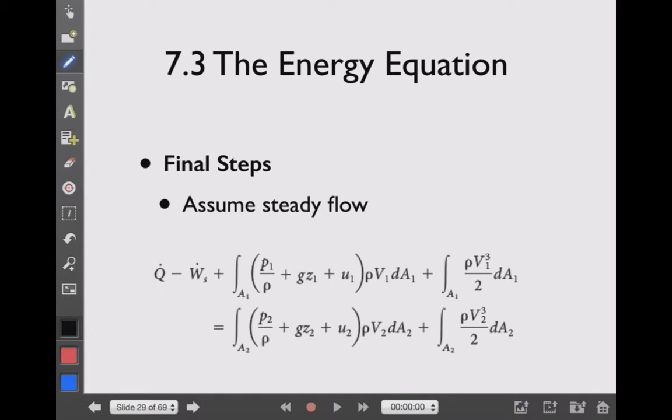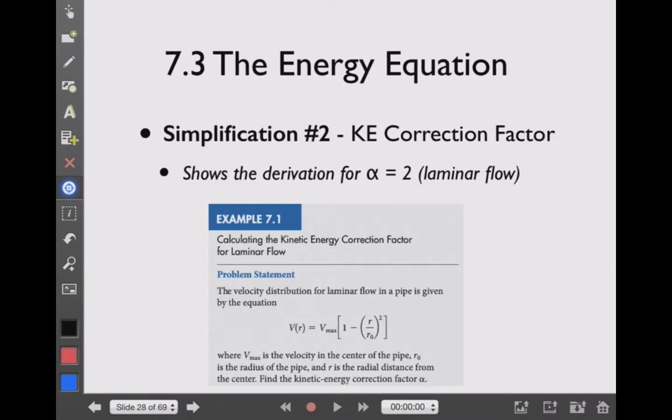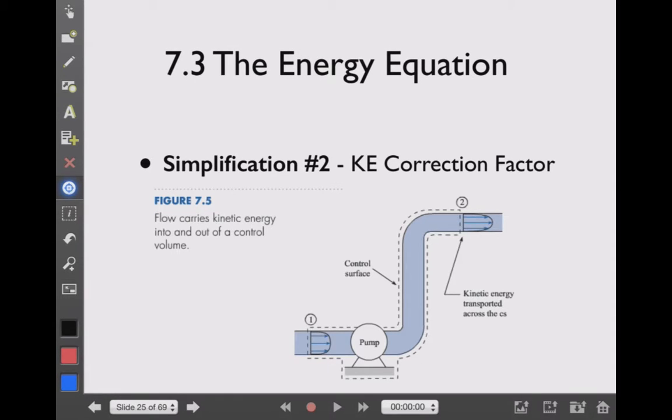So when we make these simplifications, we can start to look at the final steps of the development of the energy equation. What we have now is that we're going to be integrating over one area and setting that equal to a second area, and this would be an example of that.